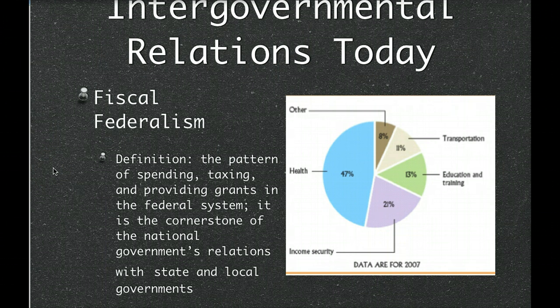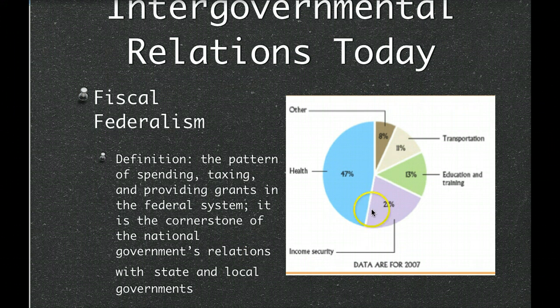Now there's a third type, what we call fiscal federalism, and you can see here that fiscal federalism basically involves the pattern of spending and taxing and providing grants in the federal system. It has become the cornerstone of the relationship between the national government and the state and local governments.